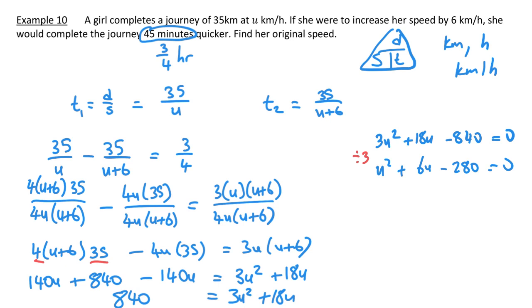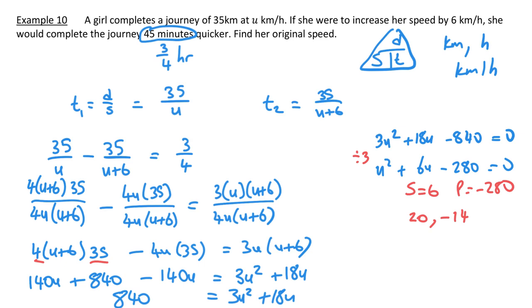And then I've got a sum and product, where the sum is 6 and the product is minus 280. And our two numbers that add to 6 and multiply to minus 280 are going to be 20 and 14, with the 20 being positive and the 14 being negative. So we can go straight to our brackets.